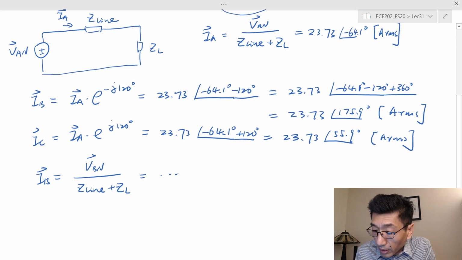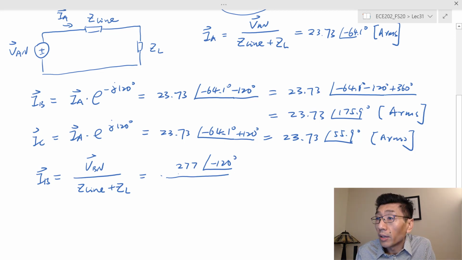The VBN, because of the positive sequence, is going to have the same magnitude but negative 120 degrees, and you add the Z line. So you have Z line is 0.1 plus 0.5 J, right?